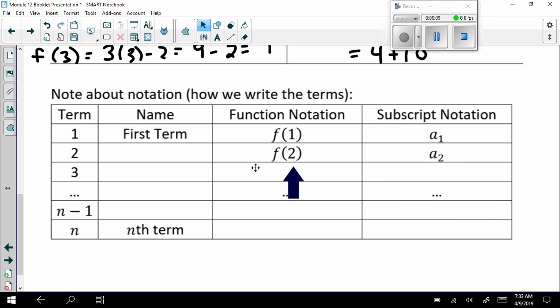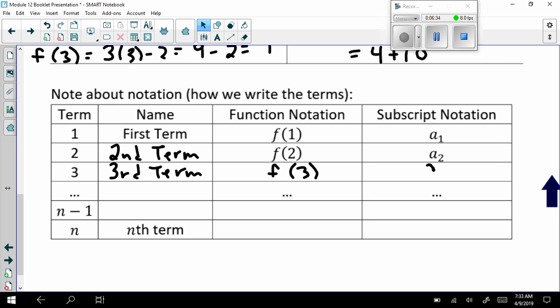So f of 2 would be our second term, and my notation using the sequence or subscript notation would be a sub 2. So our third term using function notation would be f of 3. Our third term using subscript notation would be a sub 3.